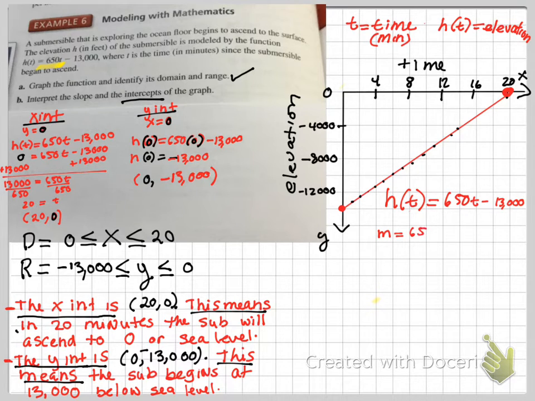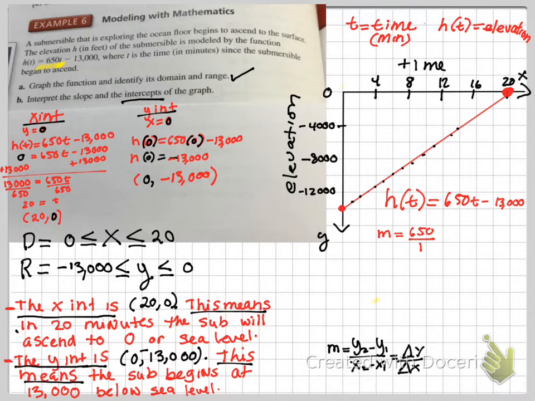My m is 650. Right away, I want you to turn that into a fraction. The only way we can turn that into a fraction is to put it over 1. Now I want to take it back and remind you of some work we did. Remember we talked about slope being equal to y2 minus y1 over x2 minus x1? Another way to put that is, aren't we finding the change in y over the change in x?